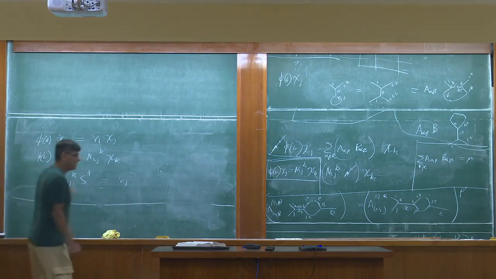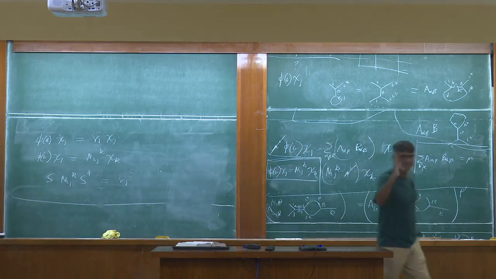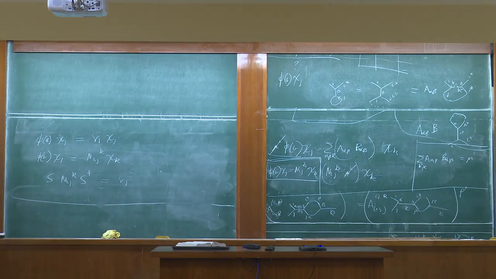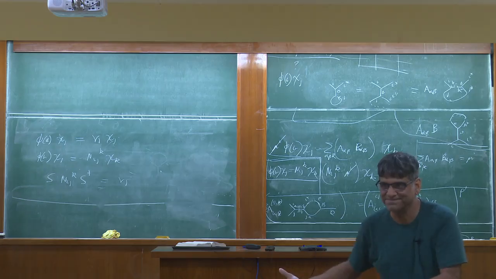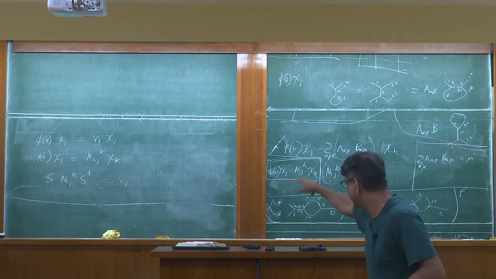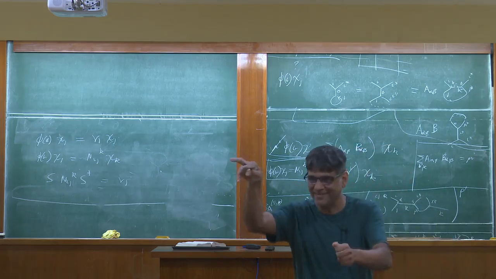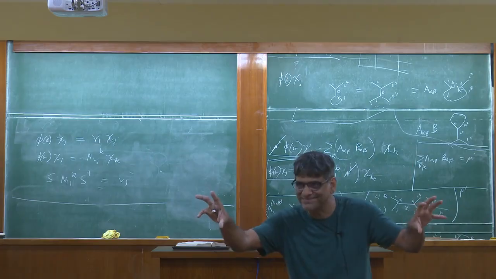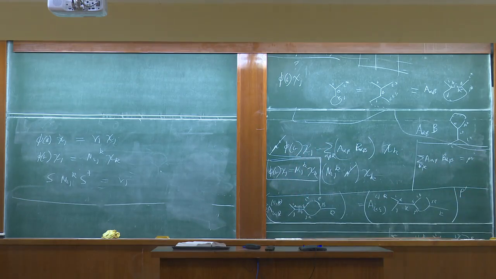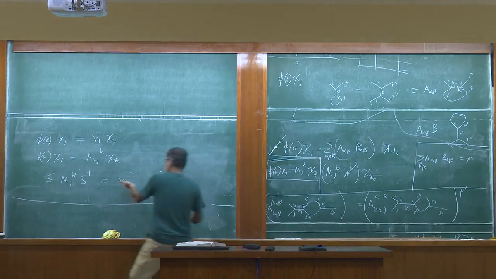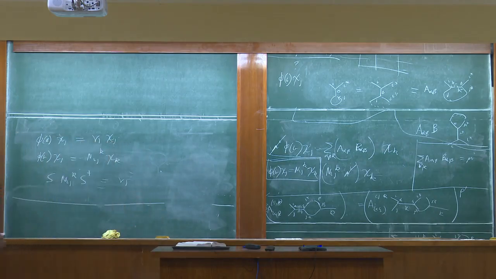When I've written this S and S dagger, I'm using the matrix notation we developed when, for instance, we argued that the N matrices commute with each other. So this is the N_j matrix whose elements are i, k, and then you act with S and S dagger. That object is just this constant gamma j times identity.